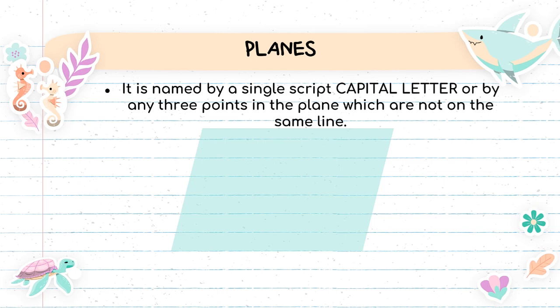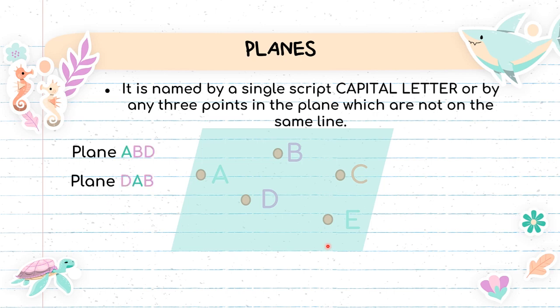Now, we have here a parallelogram figure. It has points inside. How many points are there? We have 5 points inside the parallelogram: point A, point B, point C, point D, and point E. A parallelogram is a flat surface, so we can call it a plane.